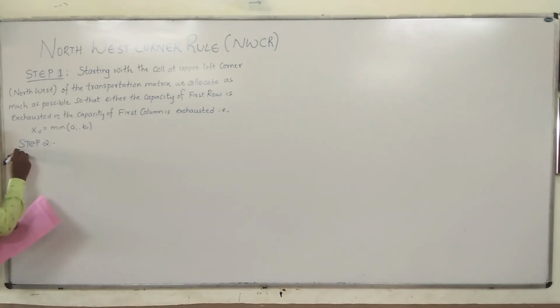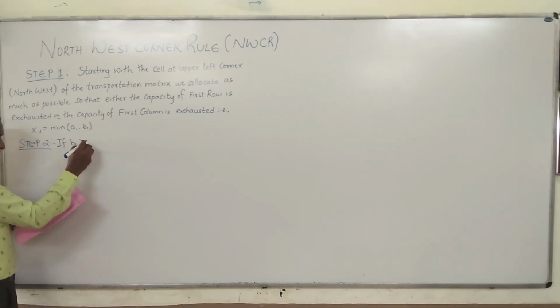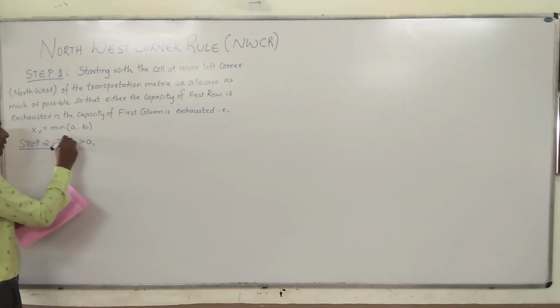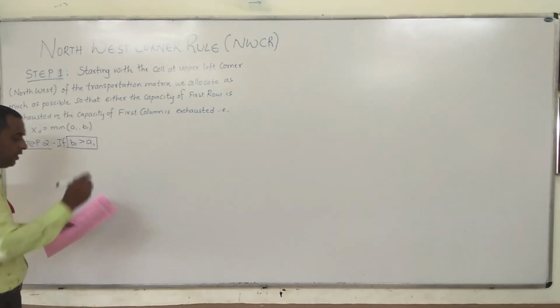In step 2, what happens if B1 is greater than A1?